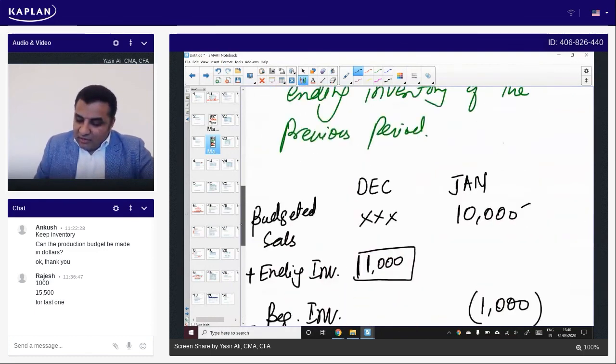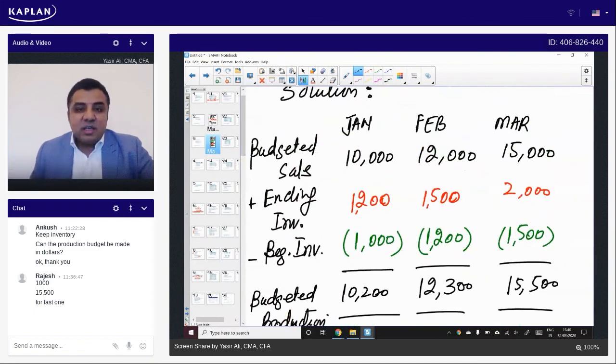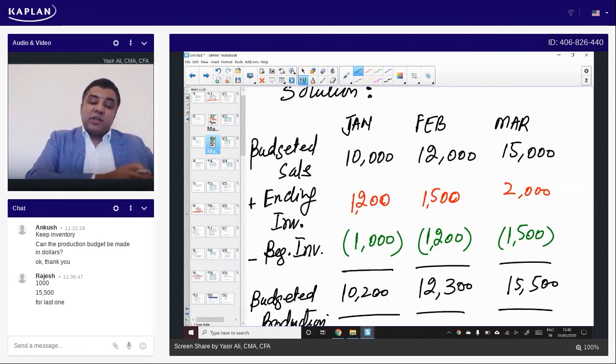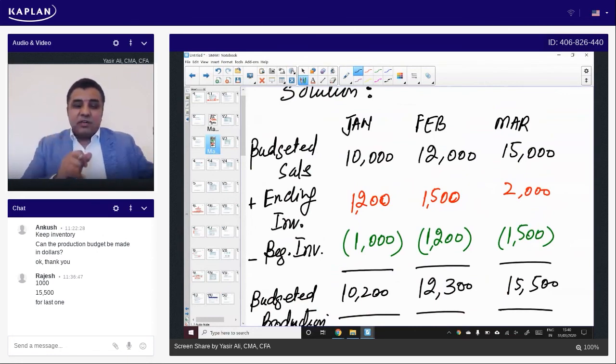What is January's ending inventory? It is 10% of February's budgeted sales. It is 1,200. But what is January's beginning inventory? We did a long calculation that it would be the ending inventory for the month of December, and that is 10% of the budgeted sales of January.